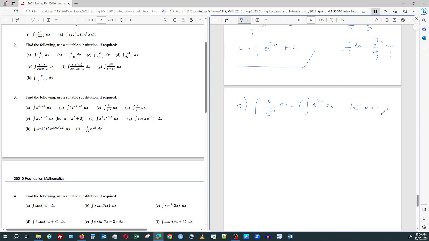Now, du dx is, and also makes this a little bit simpler, minus 5, and so we'll get minus 1/5 du is equal to dx. So are you there?